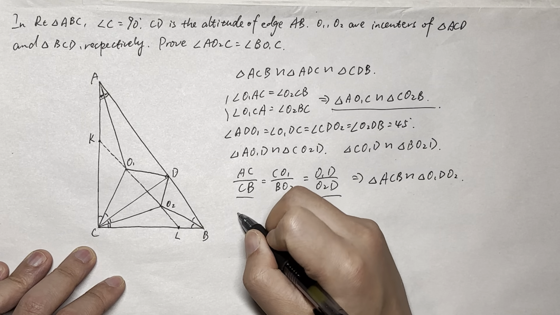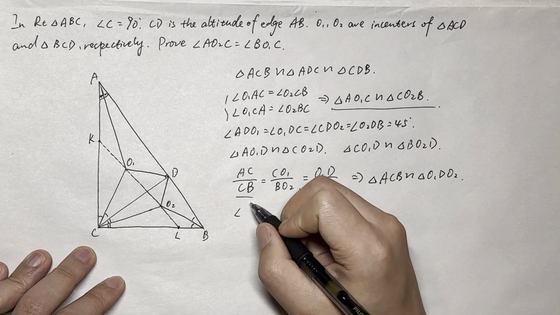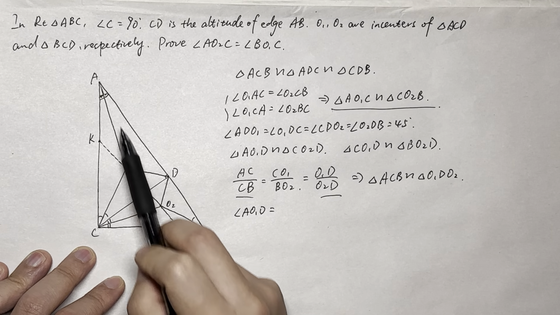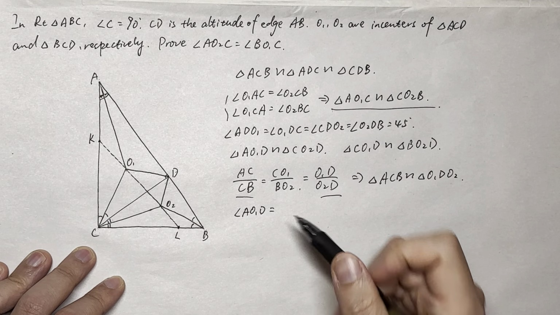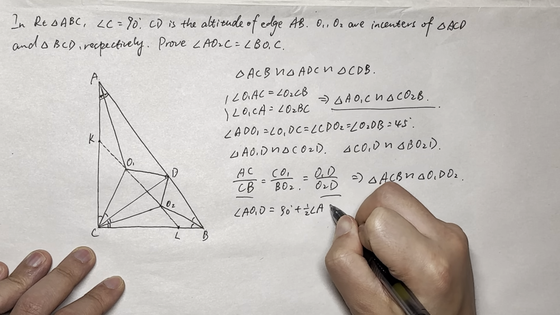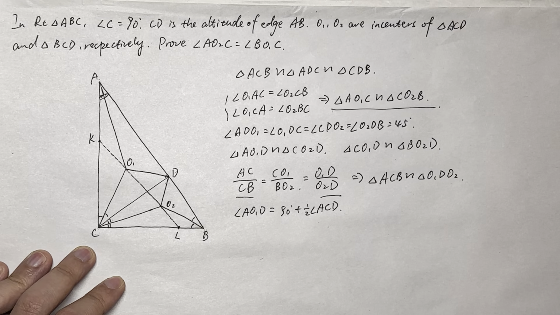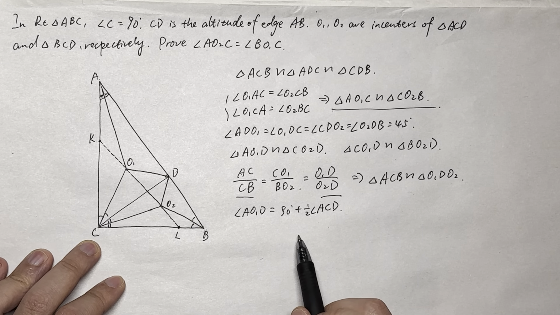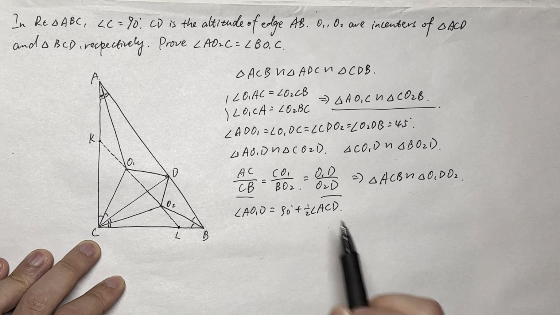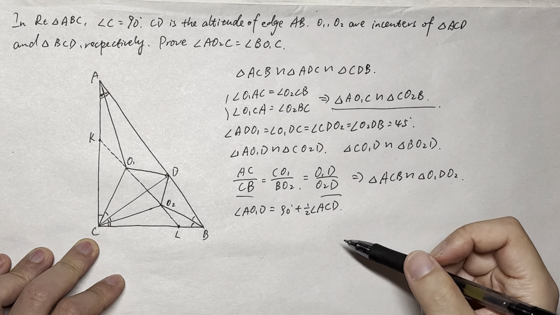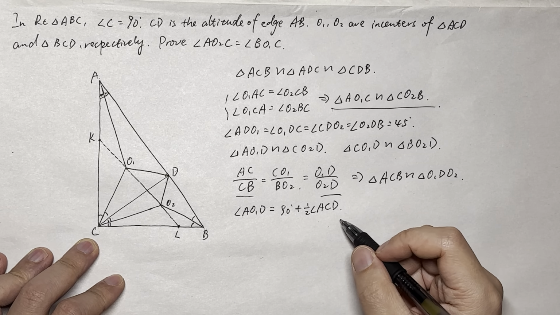Now let's look at angle AO1D. Angle AO1D equals 90 degrees plus half of angle ACD. That's a property of the incenter. We already proved that. I told you this is a very useful property, so it should be kept in mind.